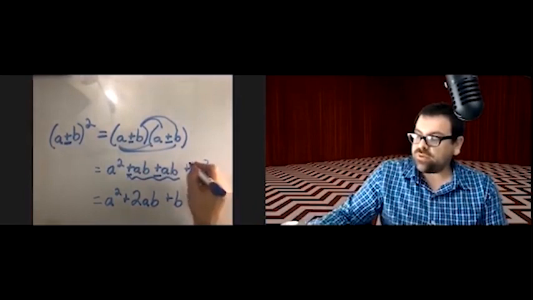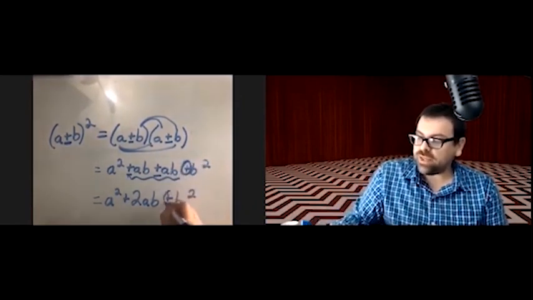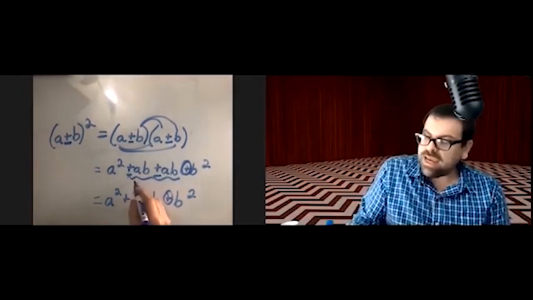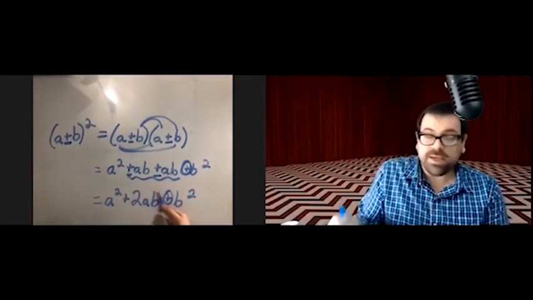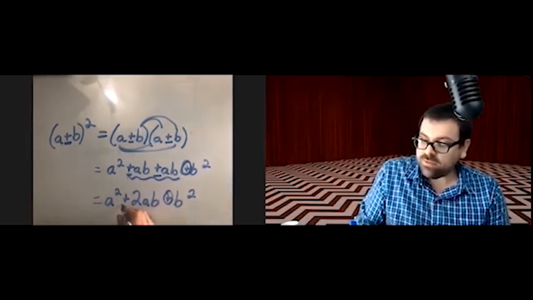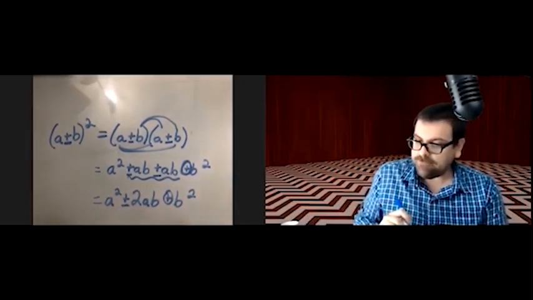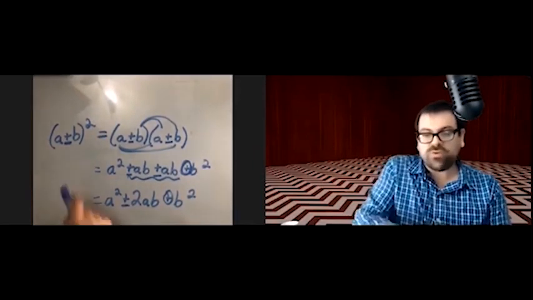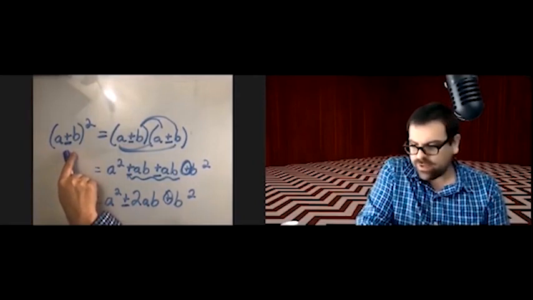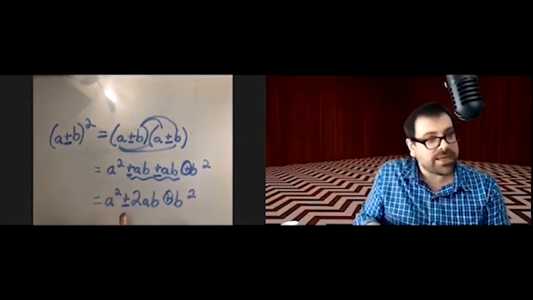Negative times negative would still always be plus here. But AB plus AB is 2AB. Negative AB minus AB would be minus 2AB. So if it's A minus B squared, that's going to make this a minus, but that one will always be plus.